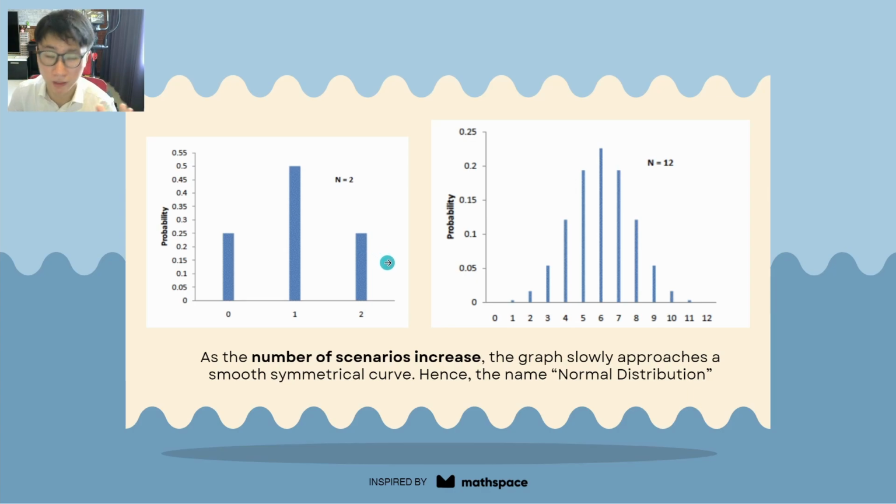But the same logic applies if we increase the number of trials, let's say to 12. Of those 12 outcomes, the median is 6, and it's the most likely to happen.